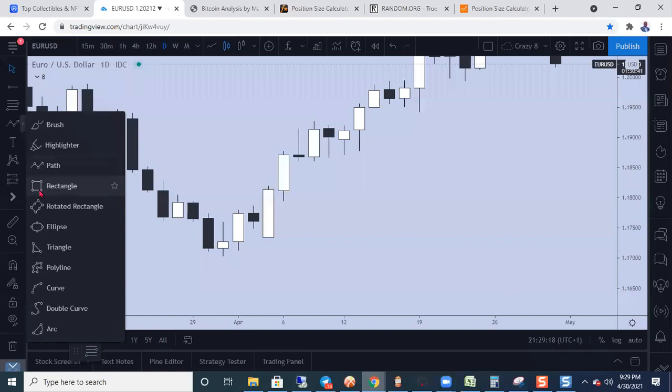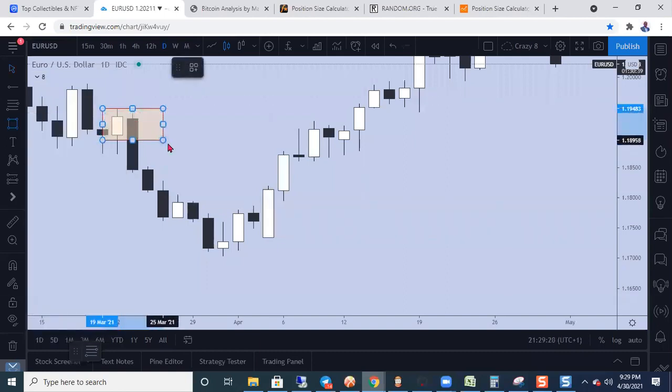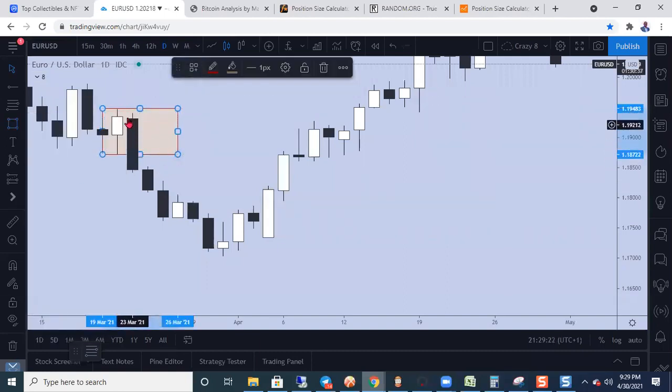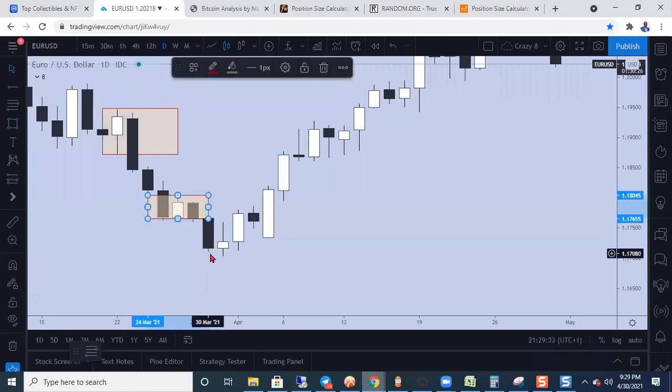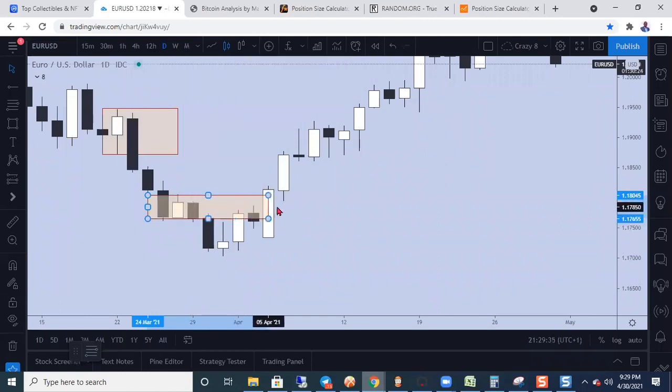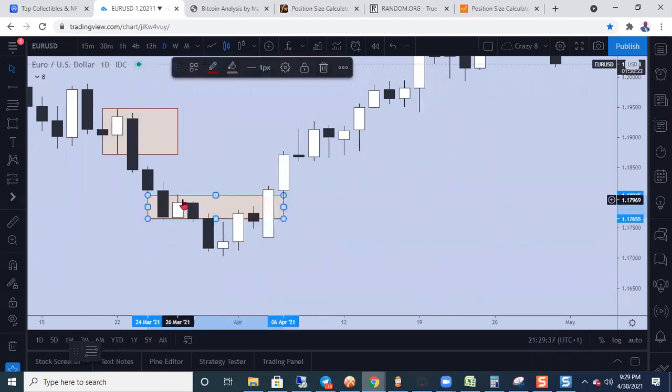This was the bullish candle that was responsible for this low. This was the bullish candle responsible for this low. When price came back into the bullish candle, we were anticipating to sell.